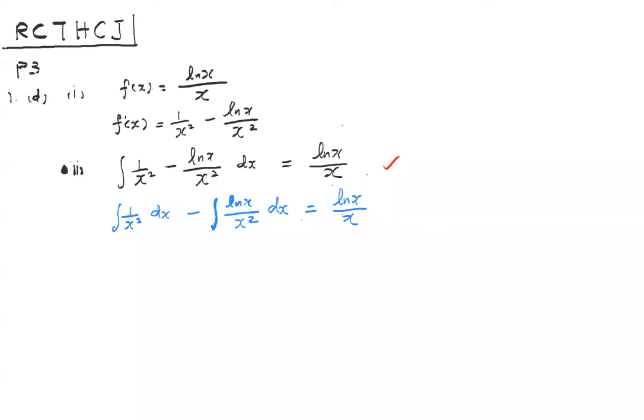This one can be integrated. This is this form, which is power plus 1 divided by the power, which is negative 1 over x. So if you don't want to write so many times of this, you just do this part at the side.